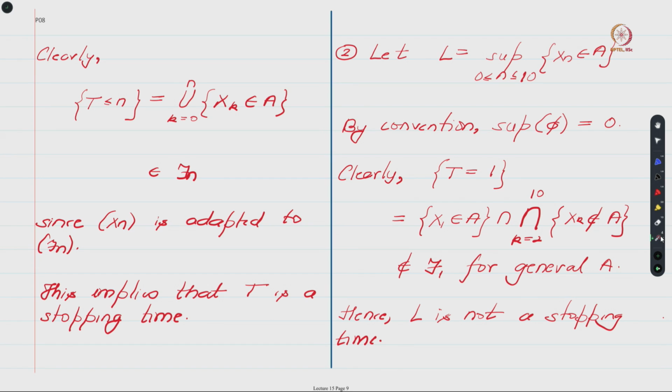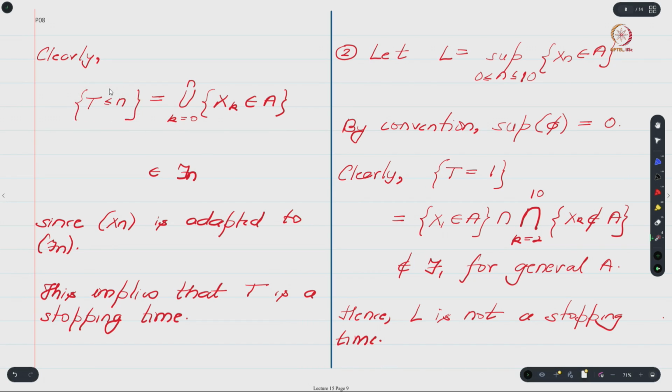Now the question is, this time that we have defined, the first time to hit A, is it a stopping time or not? For this notion of T, the event {T less than or equal to n} is equivalent to the union over k up to n of the events {X_k belongs to A}. T less than or equal to n means that at some point up to n your process was taking a value in A, which is exactly what is written here.